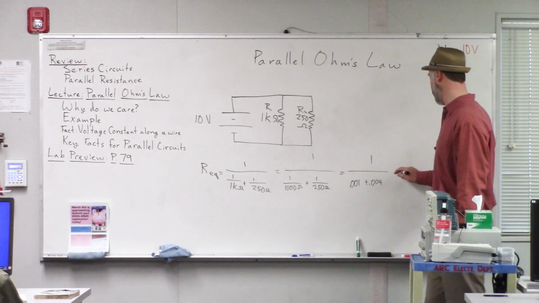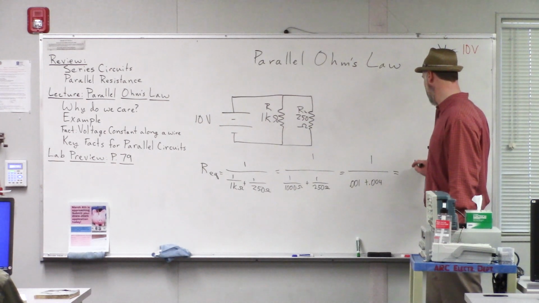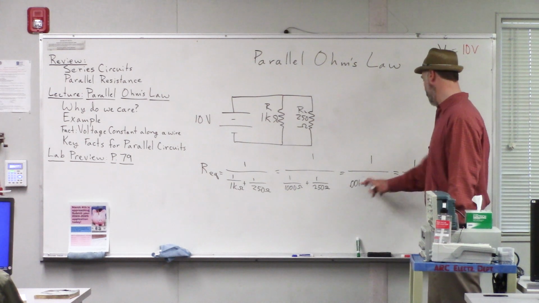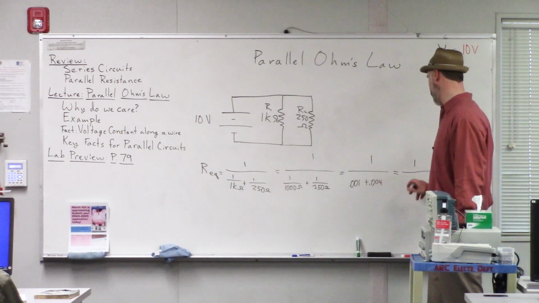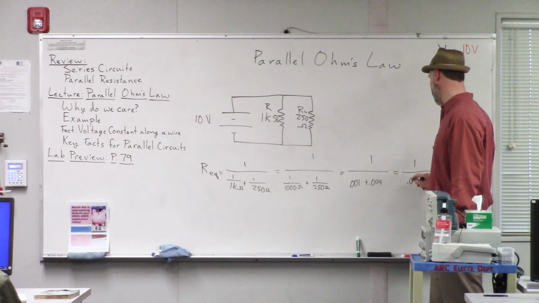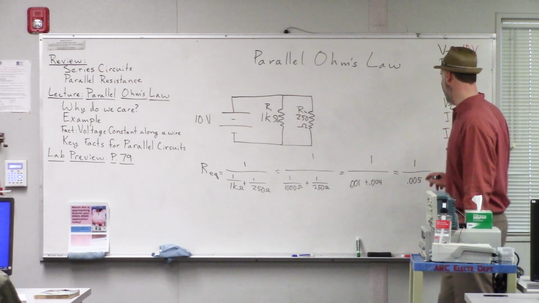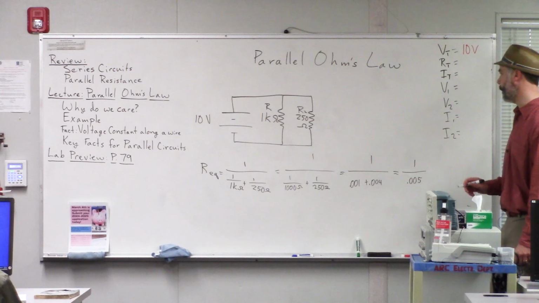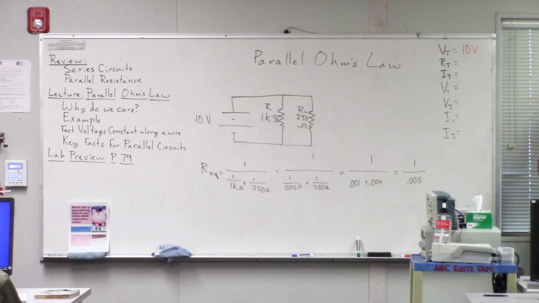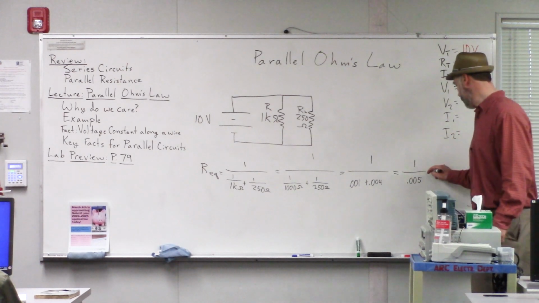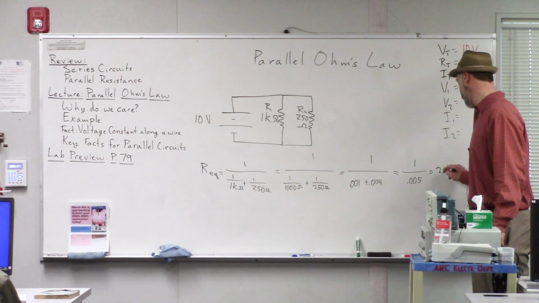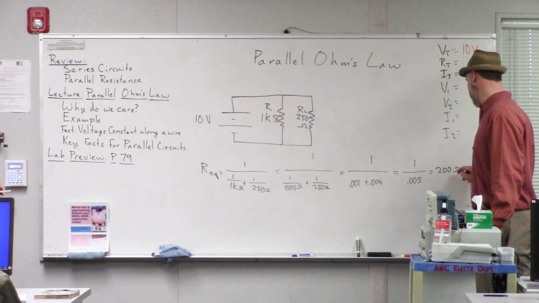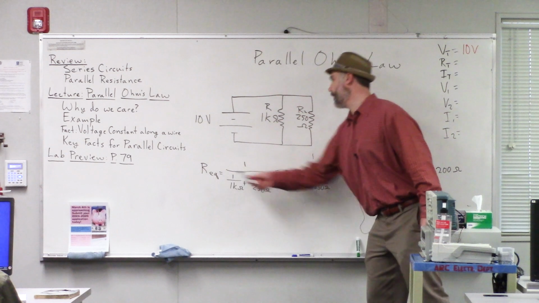All right, so then that equals 1 over 0.001 plus 0.004, which gives me 0.005. And if I do that division, what's 1 divided by 0.005? 200, perfect. So that gives me 200 ohms. So that's the equivalent resistance.